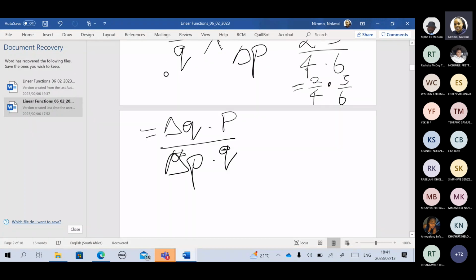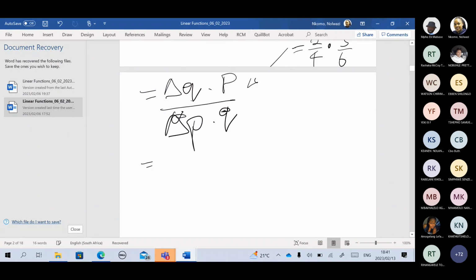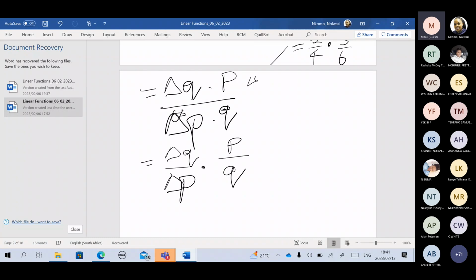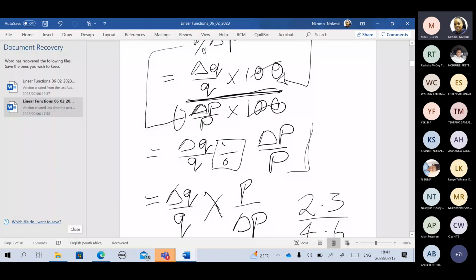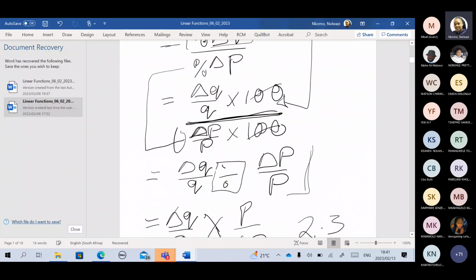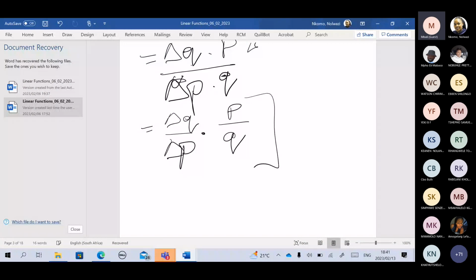So if we use this here, this would be the change in demand over the change in price, right? Times price over the demand. So instead of writing this, we can use this formula to calculate the price elasticity of demand.